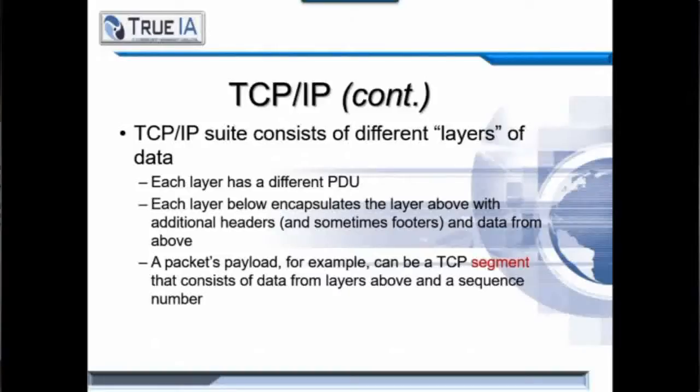TCP/IP consists of different layers of data. Each layer has a different PDU, and remember, each layer below encapsulates the layer above with additional headers and sometimes footers. The packet payload, for example, can be a TCP/IP segment, and that consists of data from the layers above and a sequence number.